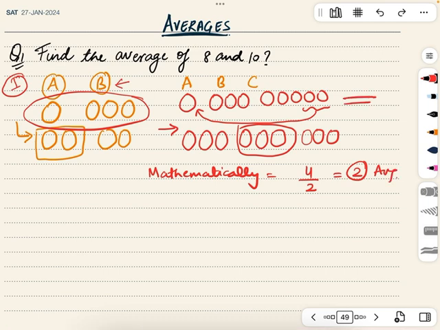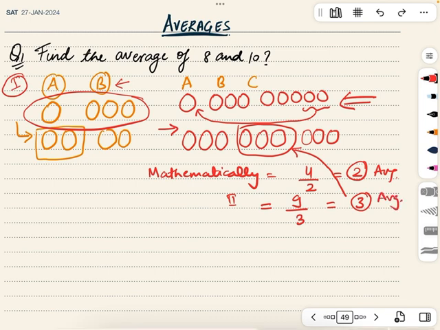Similarly, how many candies are there in the second example? 5 plus 3 is 8, plus 1 is 9. So in the second example, you have 9 candies to be distributed among 3 people, which is 3. So that's why the average mathematically has come out to be 3.